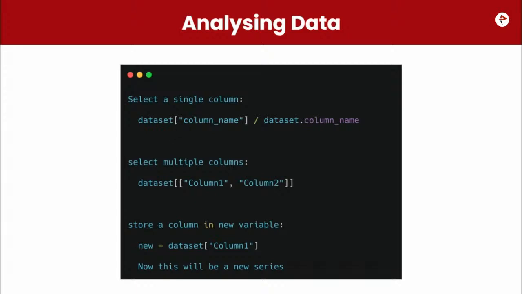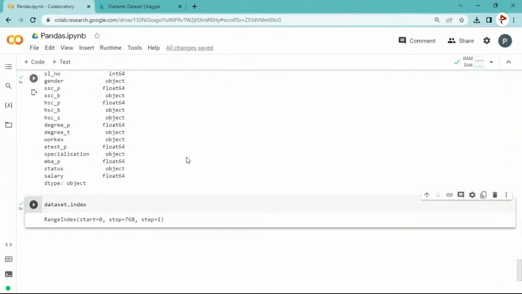Similarly, you can call the name of the column inside this square bracket with quotation, passed as a string. So this selects a single column, or instead you can type the data set, then dot, and then the column name.